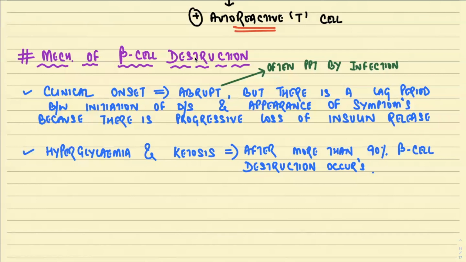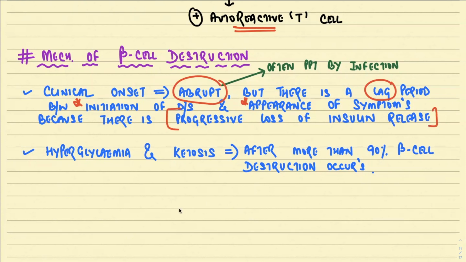The clinical onset of type 1 diabetes, you will see, is very abrupt. Means, for example, today the patient is fine, tomorrow the patient will show signs, symptoms, and all the complications of diabetic ketoacidosis. But remember, there is a lag period between the initiation of the disease and the appearance of symptoms, because there is a progressive loss of insulin release.